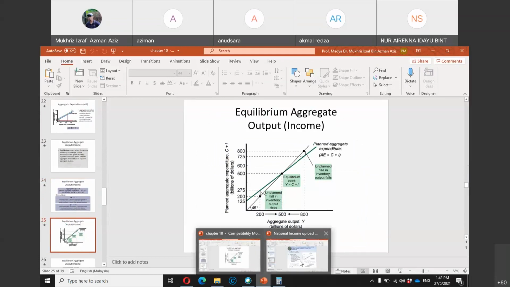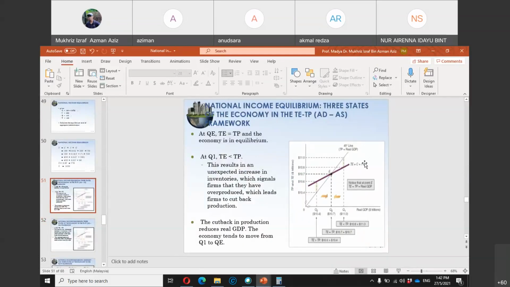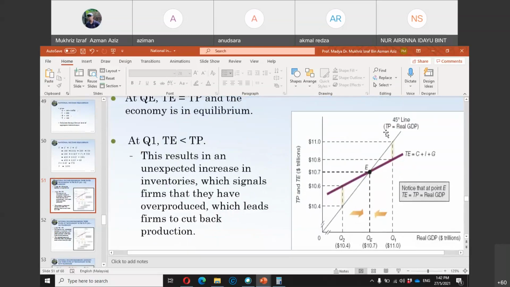But in a three-sector economy, you have C plus I plus G. In the Arnold textbook, they use the notation TE, which can also be used as AE, aggregate expenditure. The 45-degree line in the Arnold textbook is labelled TP, while some books use the notation Y. Both are correct, whether TE or AE.